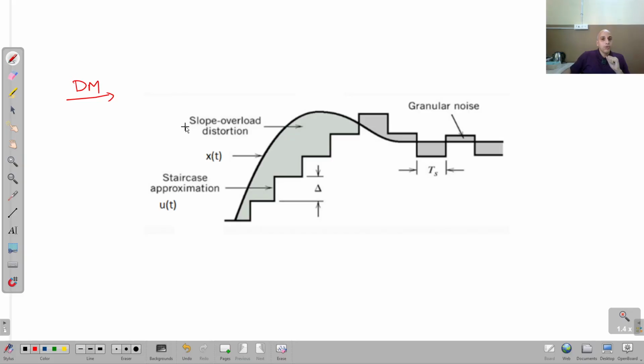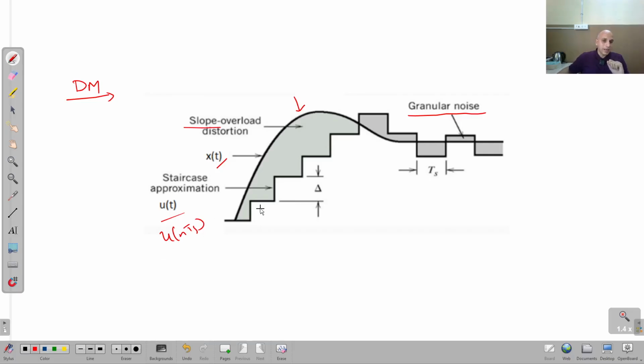One is slope overload distortion and the other is granular noise. Now what are these two things? You can see here, x(t) is the input sample. This is the approximated staircase waveform that I was calling the output, written here as the staircase.